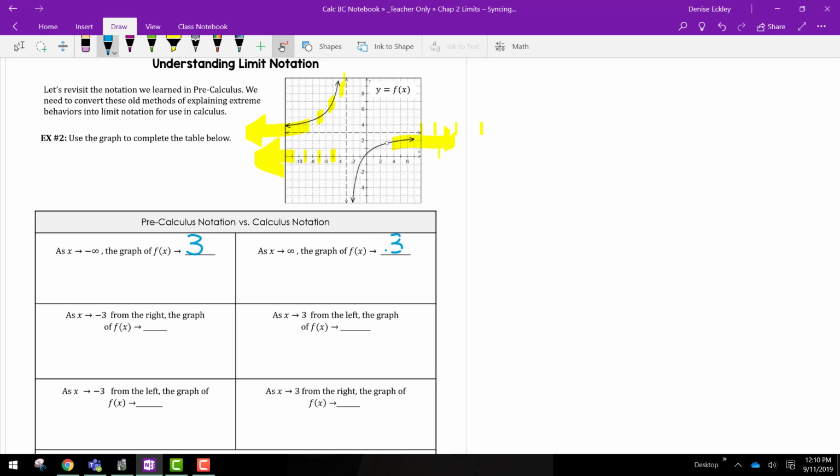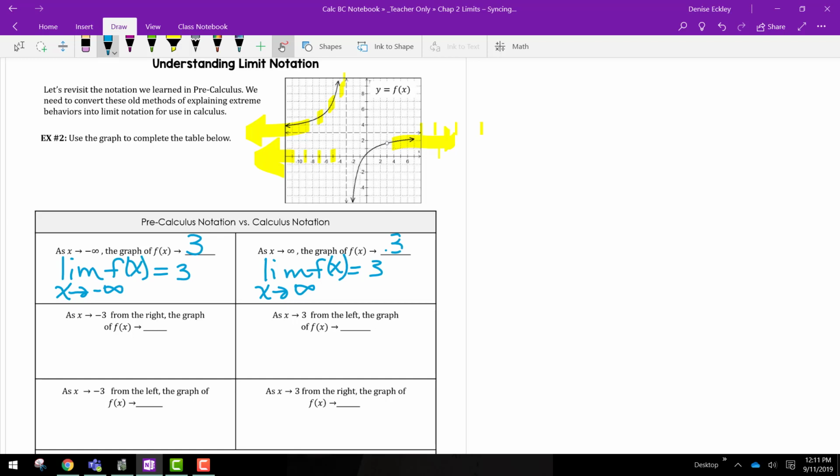To write it in calculus form, we would write the limit as x approaches -infinity of f of x is 3, and the limit as x approaches positive infinity of f of x is 3. Okay, so that takes care of our horizontal asymptotes.